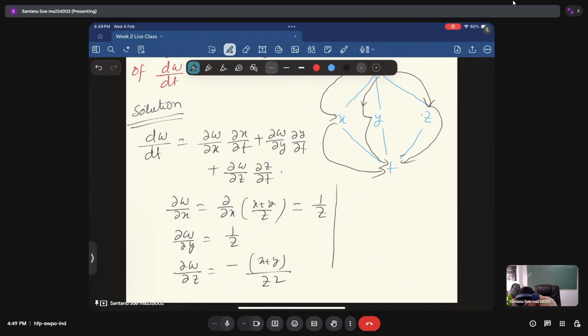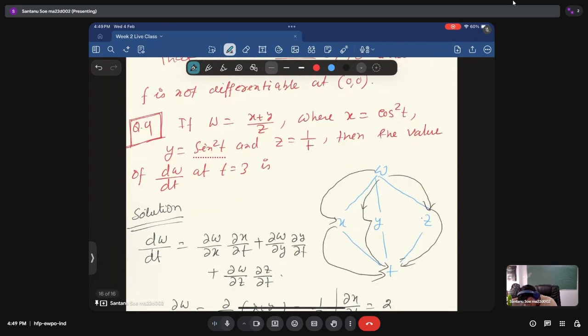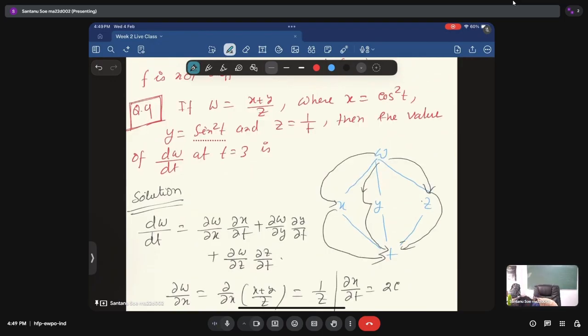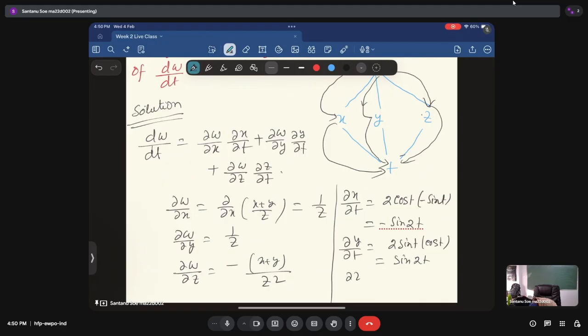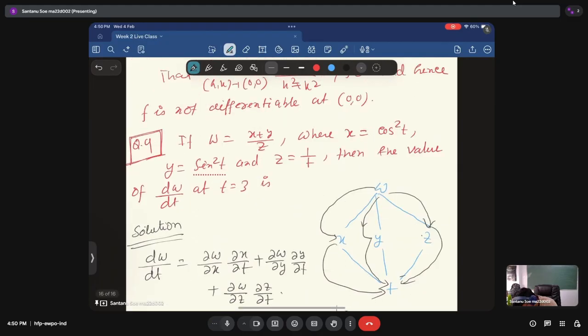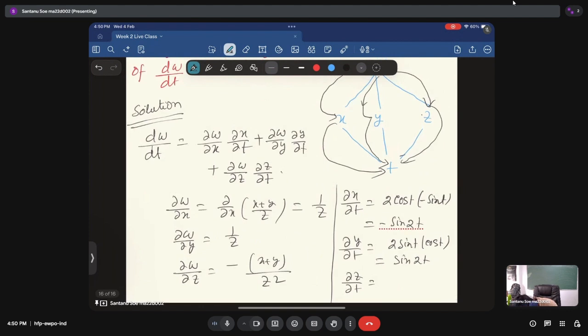And del x by del t: because x was cos square of t, it will be 2 cos t, and the derivative of cos t is minus sine t, so it will be minus sine 2t. Similarly, del y by del t will be 2 sine t cos t, so this is also sine 2t, and del z by del t, since z is 1 by t, will be minus 1 by t square.